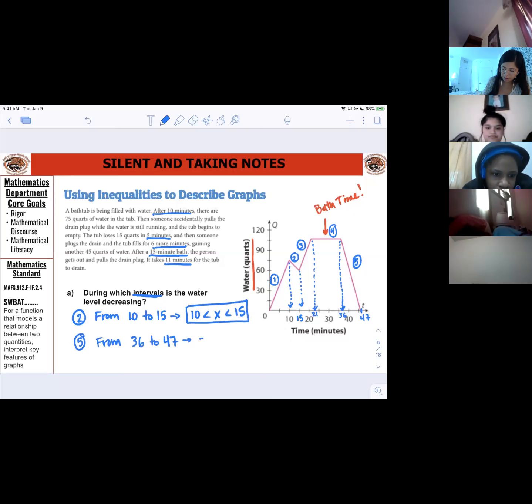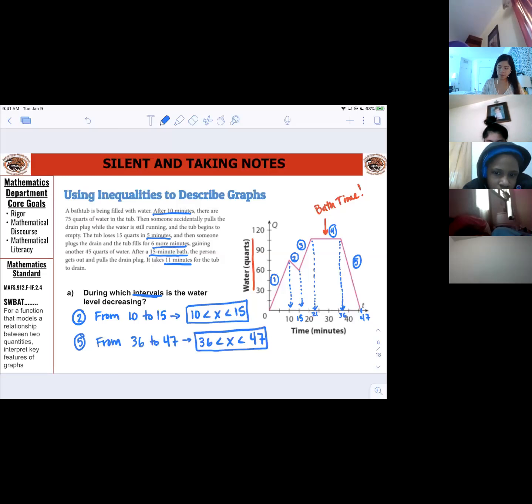Segment number 5 looks like this. What does this remind you of? What are these called with those symbols? Inequalities. Yeah, we use inequalities to show these intervals.